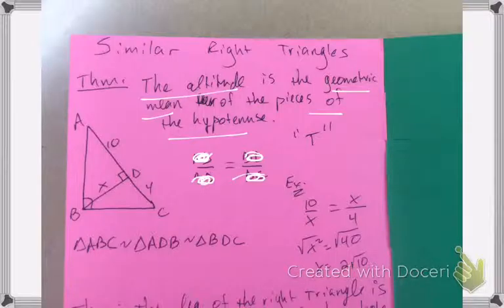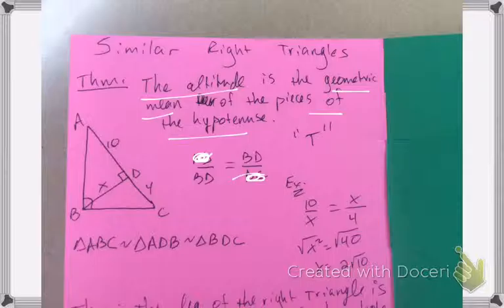I'll create a proportion, two ratios equal to each other, and since the altitude is the geometric mean, I'm going to put the altitude in both places of the up diagonal. The altitude here is BD.